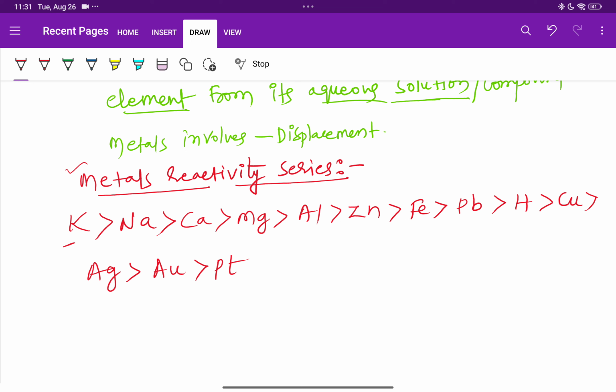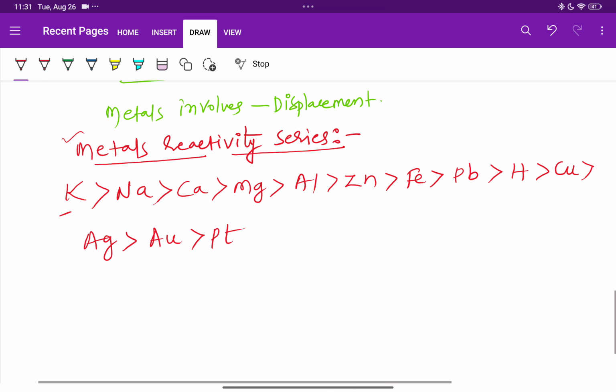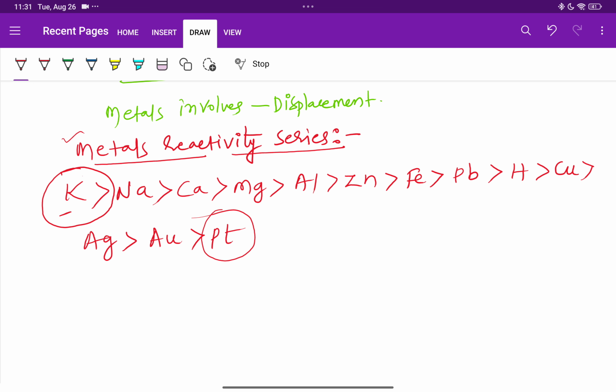So this is the metals reactivity series. It is common for up to intermediate. In this reactivity series, potassium is more reactive, platinum is least reactive.